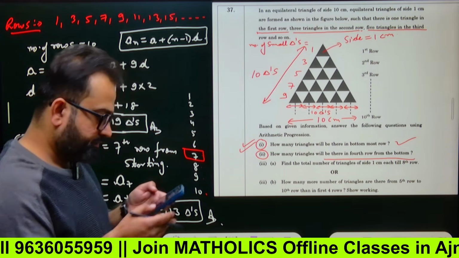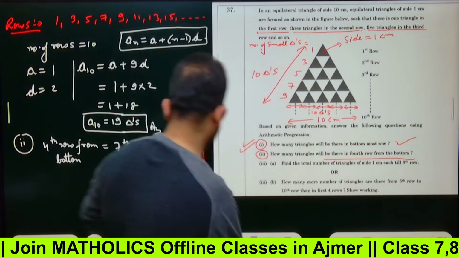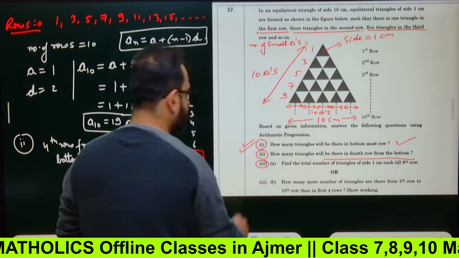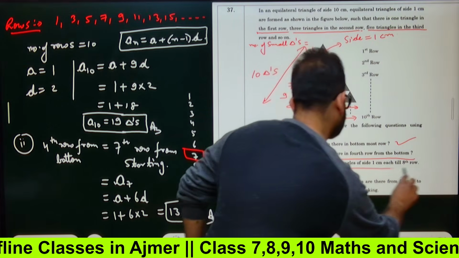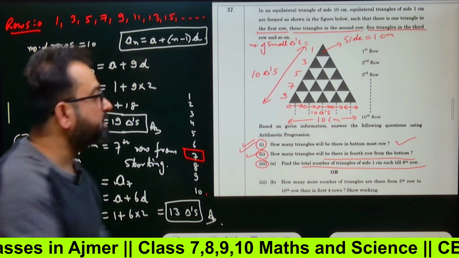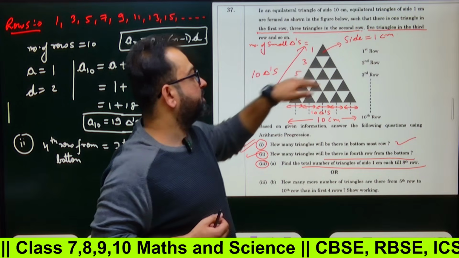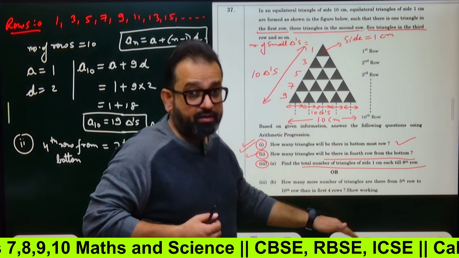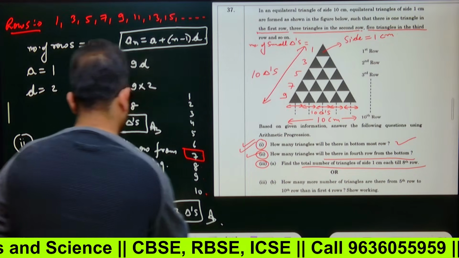You have to find the total number of triangles. The third part. Second is done. Total number of triangles of 1 centimeter each till the eighth row. Eighth row means first row 1, second row 3, then 5, then 7. You have to add. You have to find the sum of terms till the eighth row.